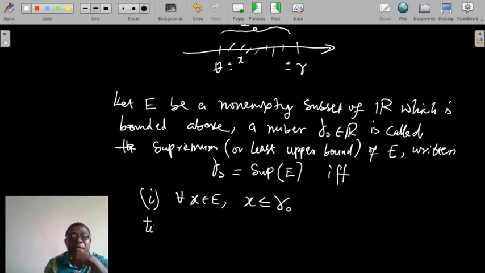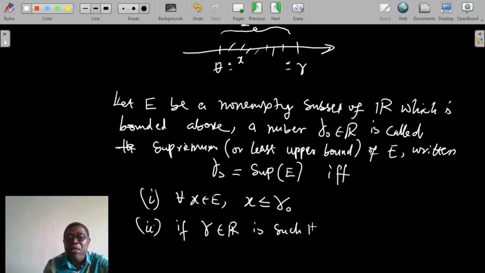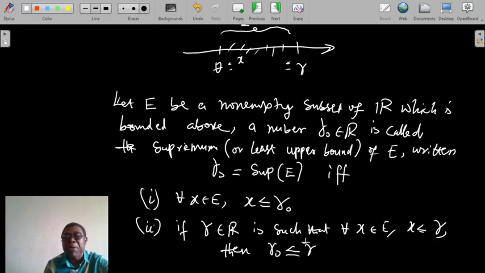Number II, if gamma in R is such that for any x in E, x is less or equal to gamma, then gamma naught must be less or equal to gamma.